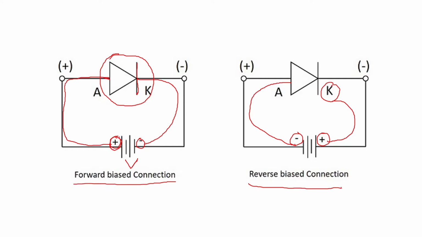In the first case, the positive terminal of the battery is connected to the anode and the negative terminal to the cathode. In the second case, the negative terminal is connected to the anode and the positive terminal to the cathode. For a diode to conduct properly in forward bias, the anode is taken as positive with respect to the cathode.